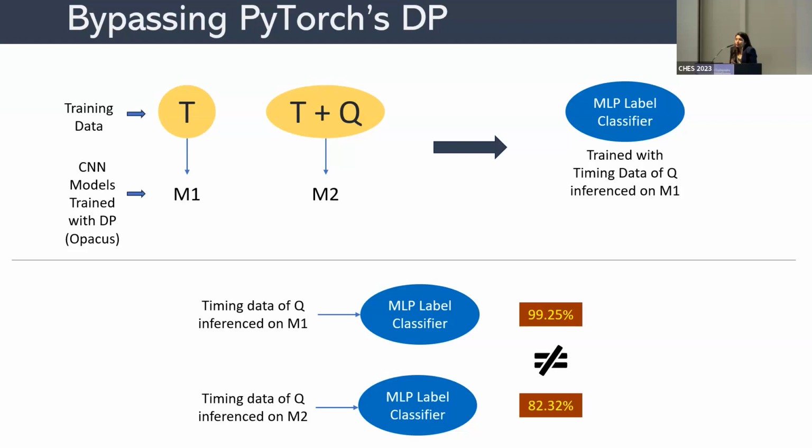Q is not a single image, it's a set of images. We give the timing data as input to the MLP label classifier and observe an accuracy of 99.25%.